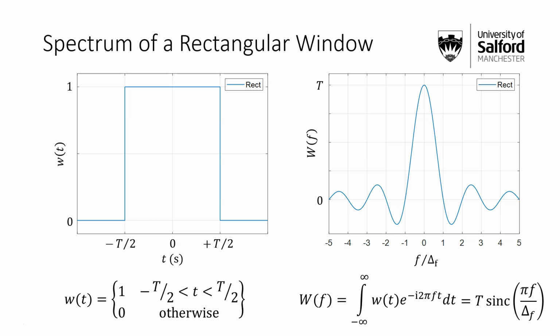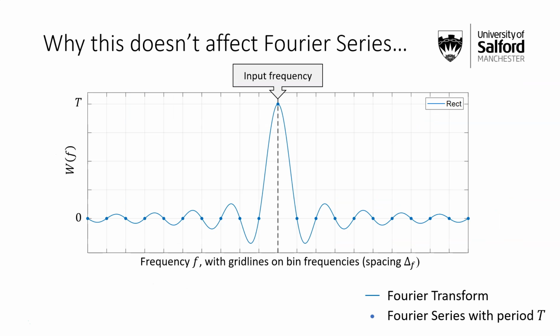But weirdly, this doesn't actually affect Fourier series. Fourier series actually, for the set of harmonic frequencies you put in, work perfectly. So why is that effective smudging not affecting Fourier series? And the reason is that if you center this exactly for a frequency driven on a bin frequency, so I've not said exactly what these frequencies are at the bottom here, but the grid lines are going to be bin frequencies.